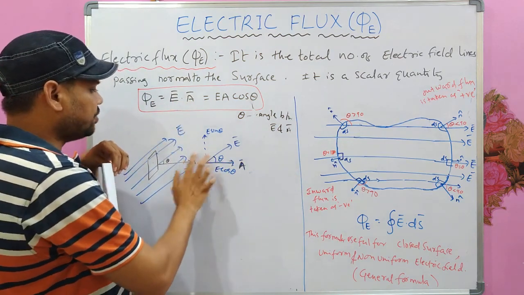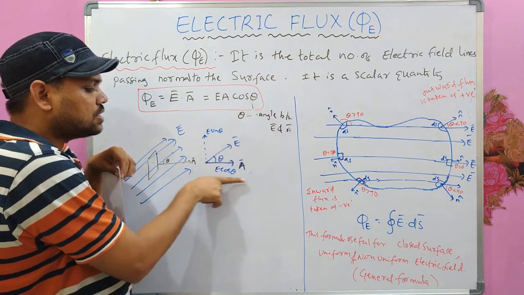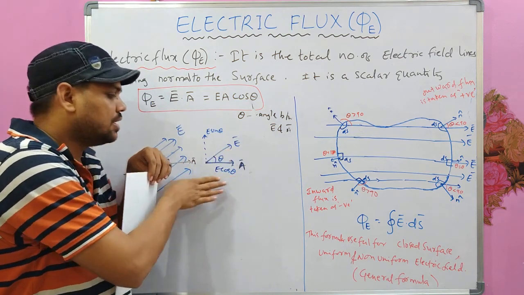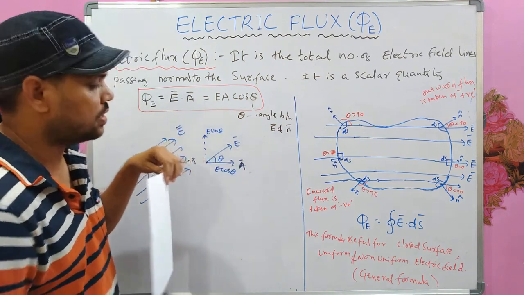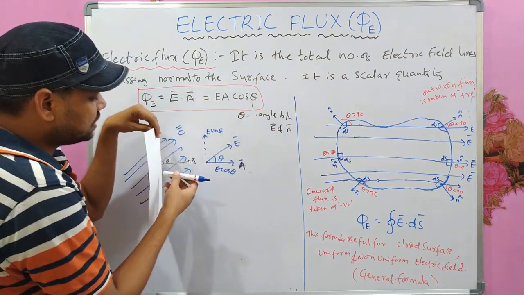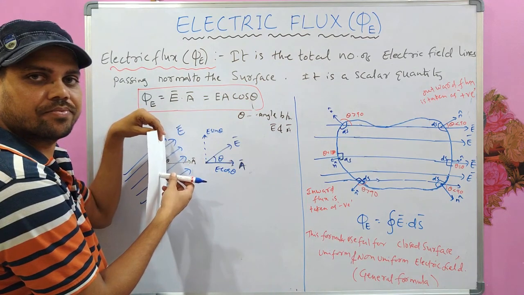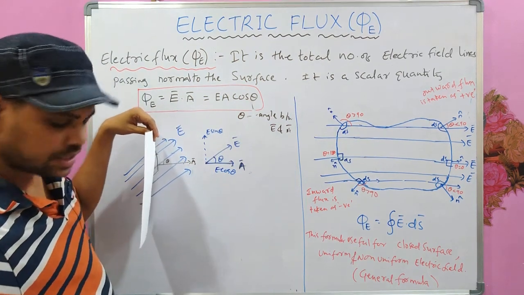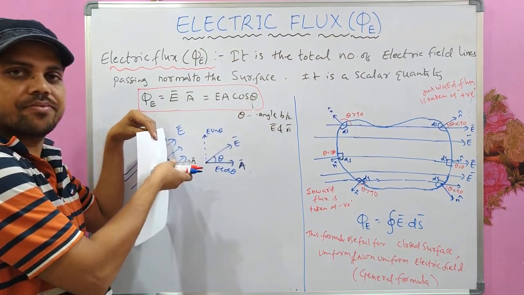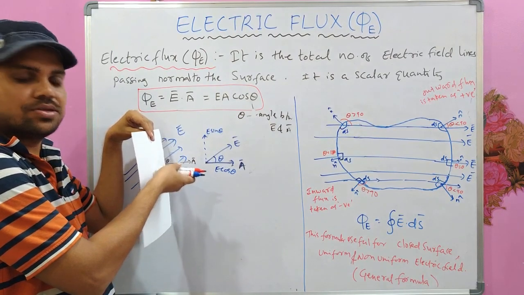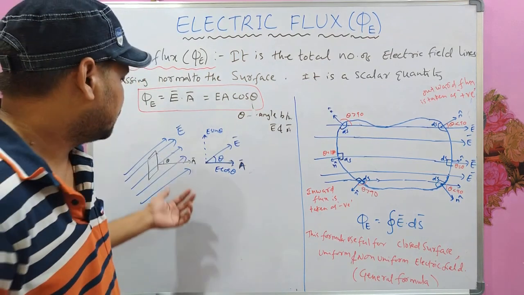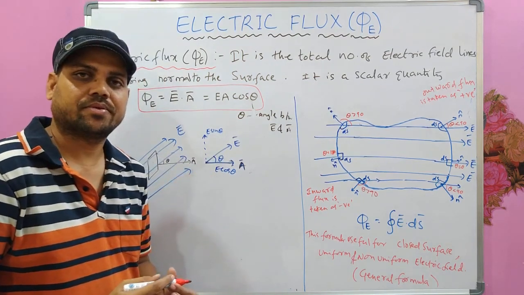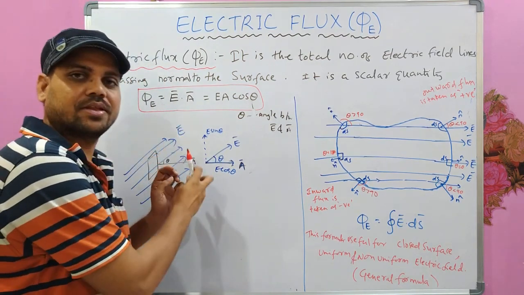E cos theta is the component of electric field in the direction of area vector. So E cos theta will contribute to the electric flux, but not E sin theta.